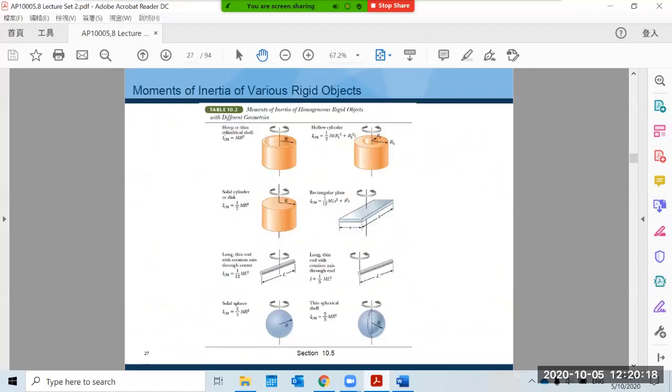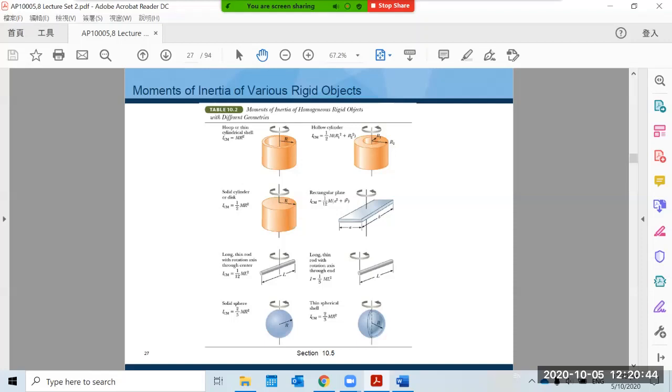If it is rotating about its axis through the center of mass, like that, so the moment of inertia for a rolling cylinder, if you use a bit of imagination and turn it 90 degrees, you know it is referring to a rotating or rolling cylinder.